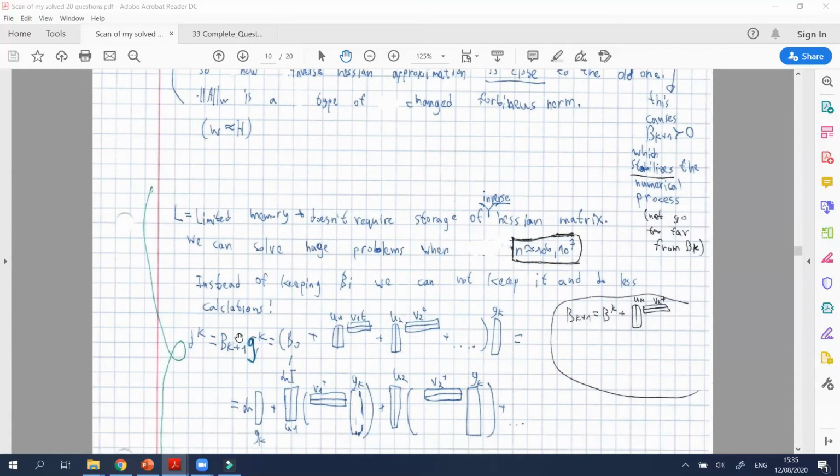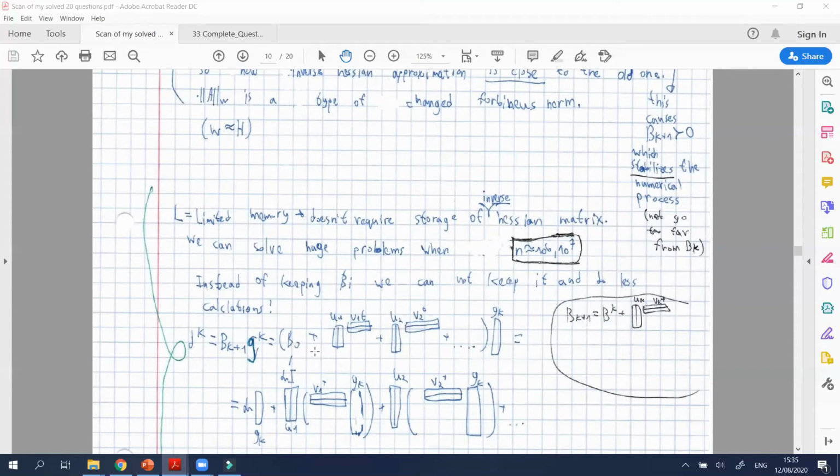Which we can write d_k is equal to B_{k+1} g_k, but B_{k+1} is something we have to keep and maintain. We don't want to hold B_k at each iteration and then remember B_{k+1}. We want to do just a little bit less.